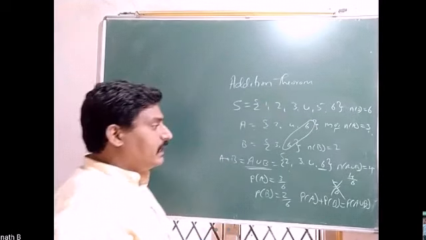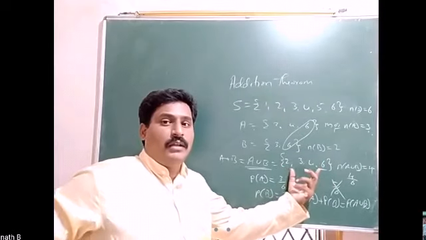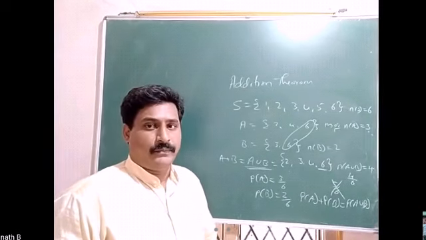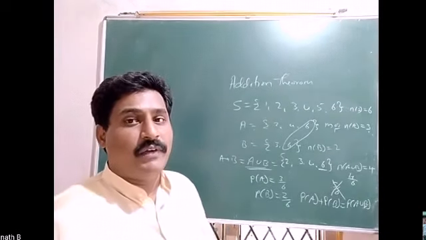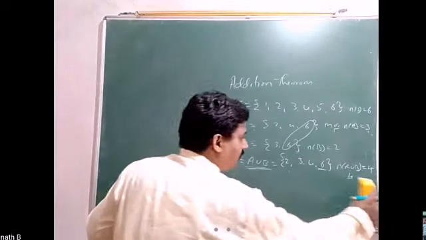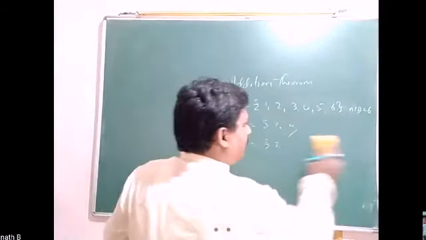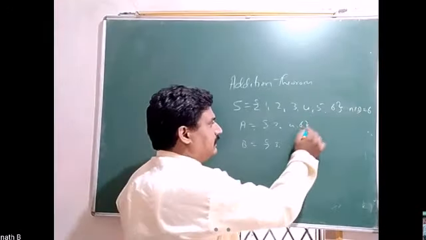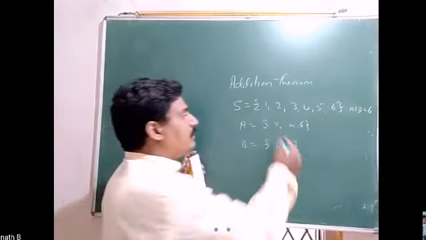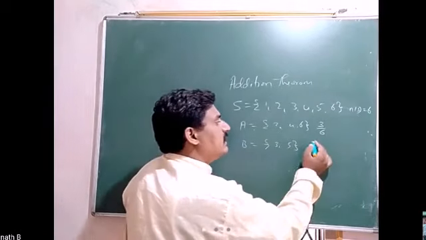So how do we arrive at this answer directly, without going for event A union B here? That is the formula given by the addition theorem in the probability chapter. Suppose instead of 6 here, 2, 4, 6 is event A, and 3 and 5 is event B. Then probability of getting A is 3 by 6 and probability of getting B is 2 by 6.